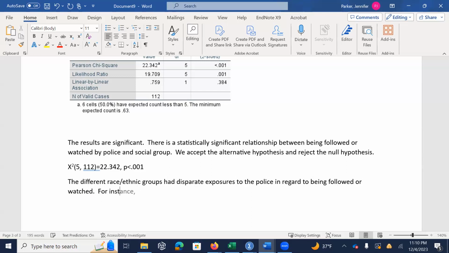For instance, while nearly half, 44% of Latinx respondents reported being followed or watched.